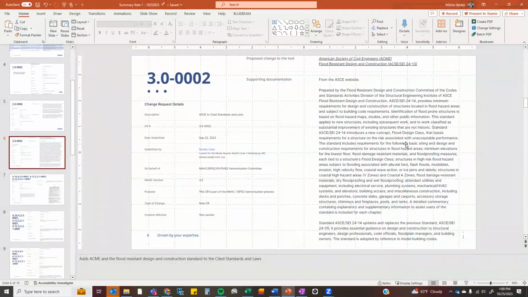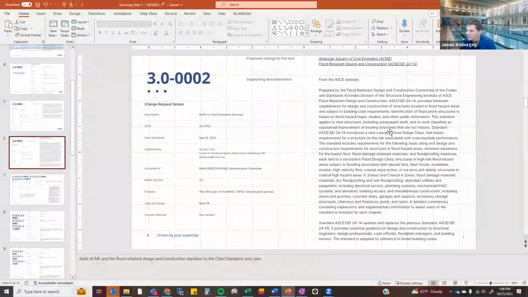So section 3, that would be correct because the cited standard is the ASCE SEI 24, whatever the standard is. So for section 3, we would need to include that. Yeah, it's 14 in the body and 13 in the title. 24-13 or 24-14.